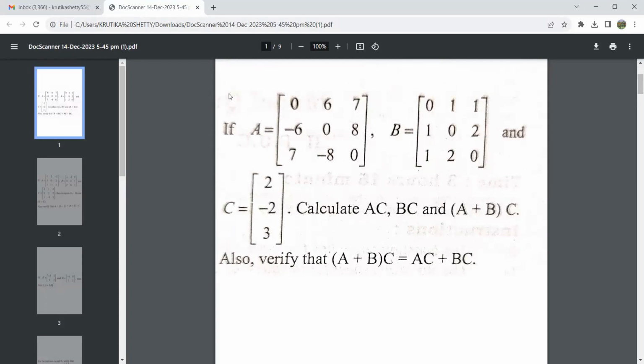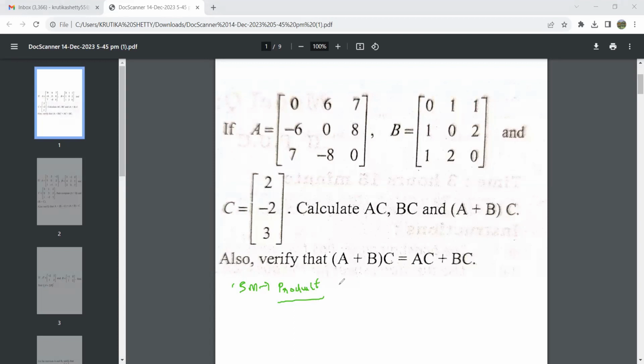As we discussed earlier, a 5-mark question in matrices will occur on the product of matrices. Whatever questions are related to the product of matrices, you need to be perfect.